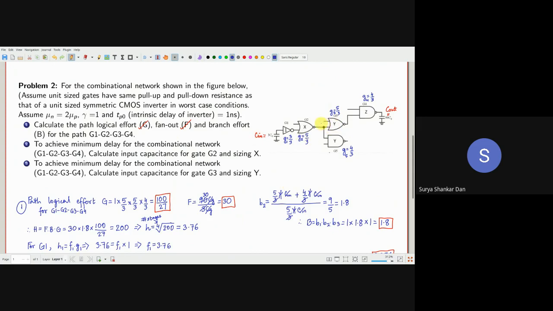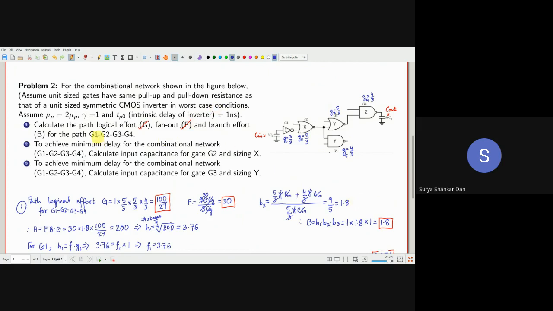C in is the input capacitance seen over here, not this C in. So the input capacitance seen at this node over here. So what will happen? They will all cancel out. You will be having 9 by 5, 1.8. That is the branching effort.